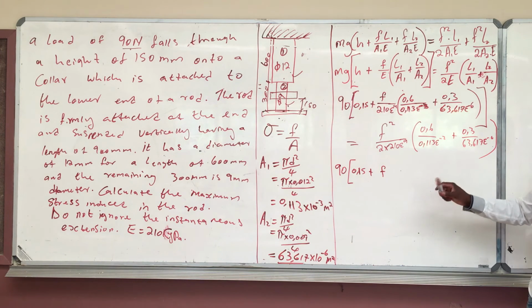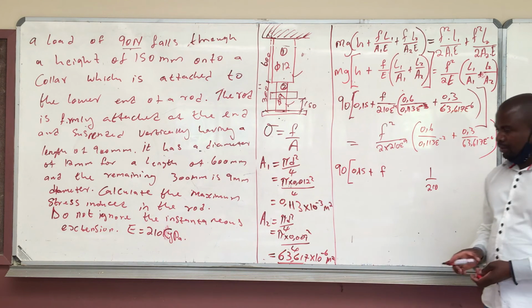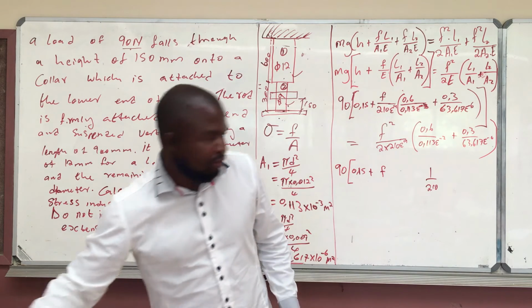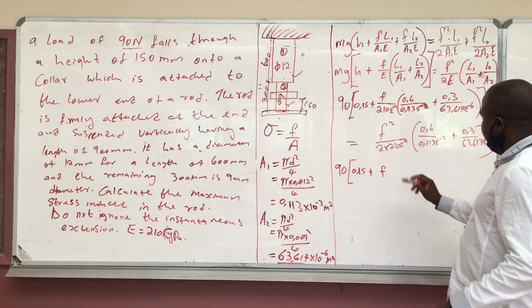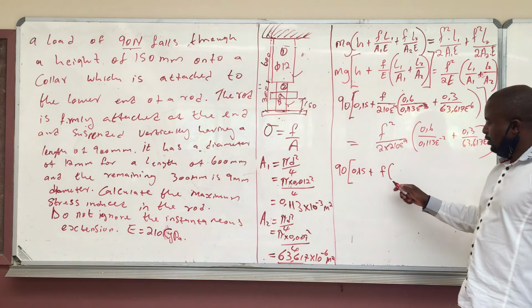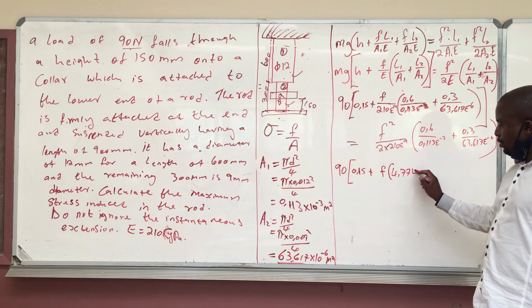When you multiply, you need to multiply it by 1 over 210. If you multiply, what do you get? 4,774.